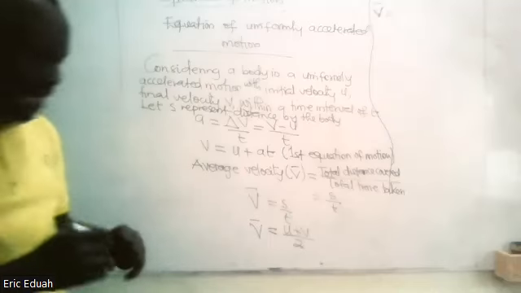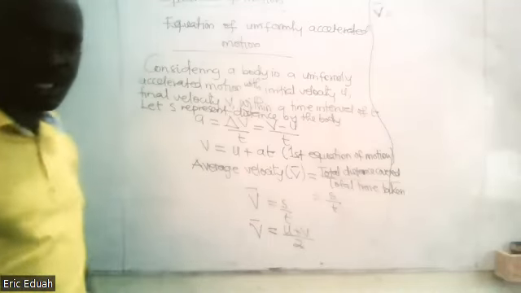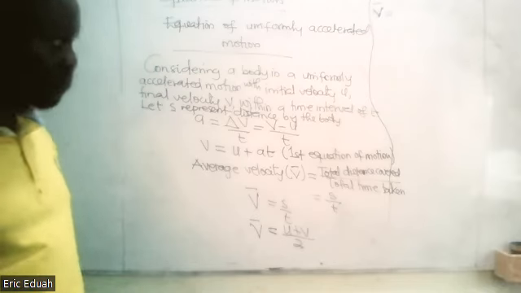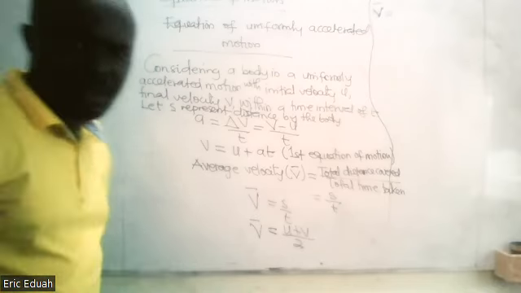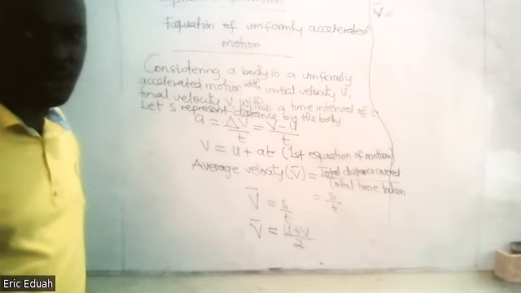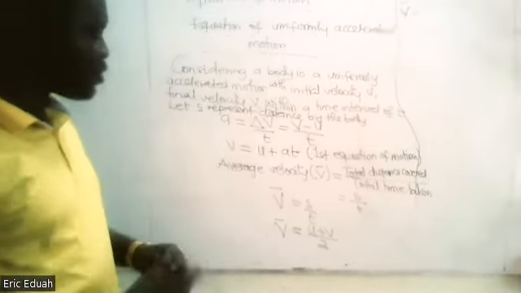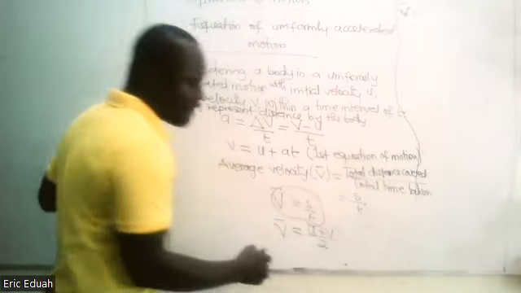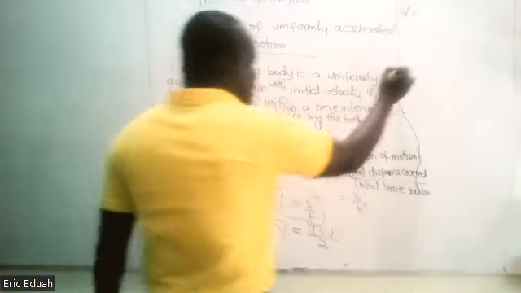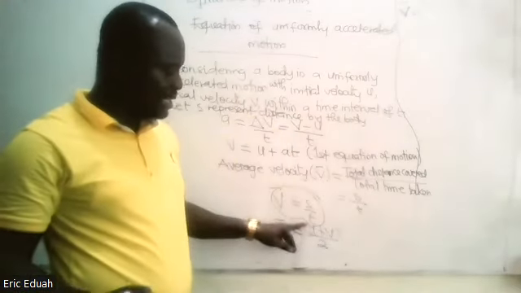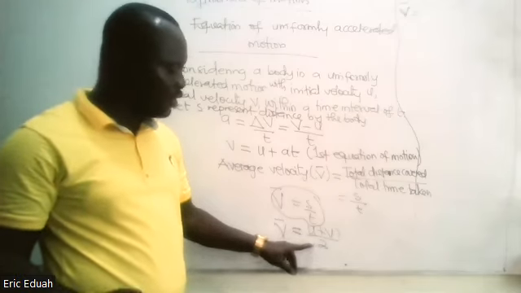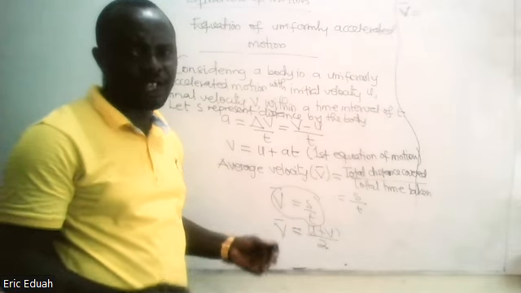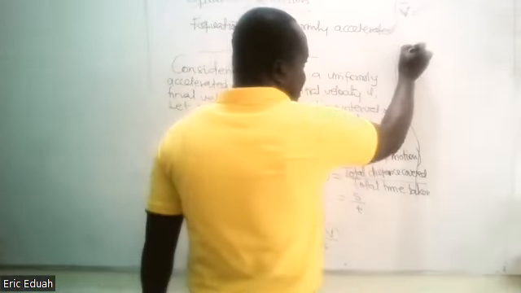This is another way of determining average velocity, and the value is the same. Because this is average velocity, and this one too is average velocity, we can equate S over T to U plus V over 2, because they are all equal to the average velocity V bar.